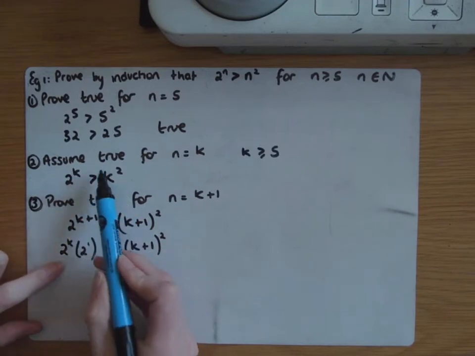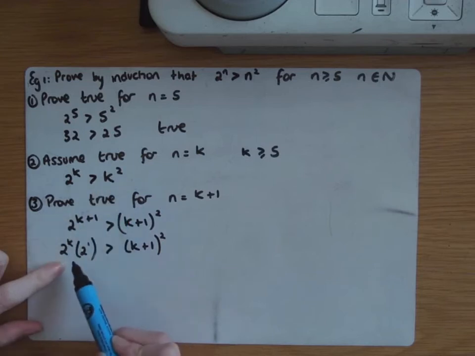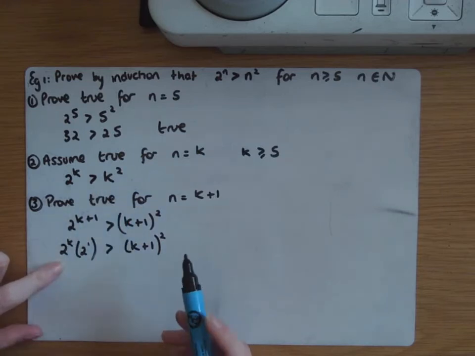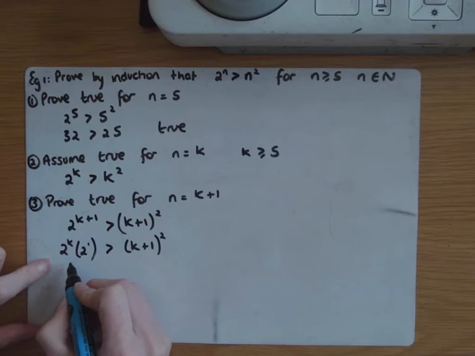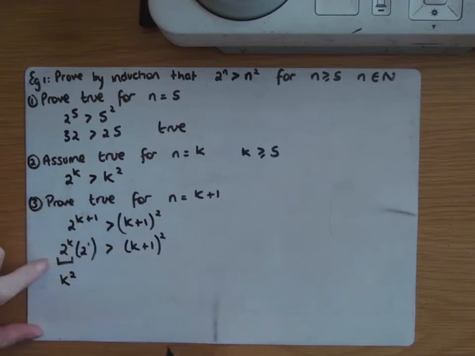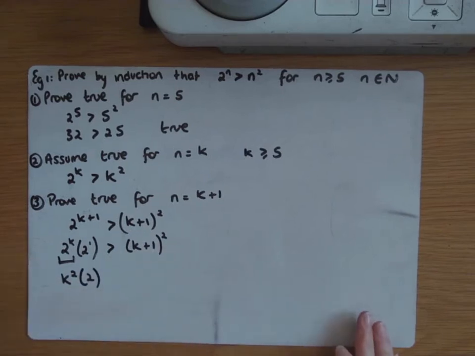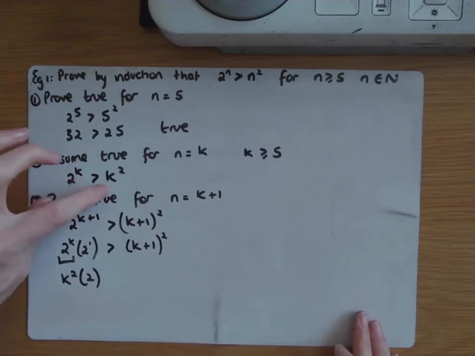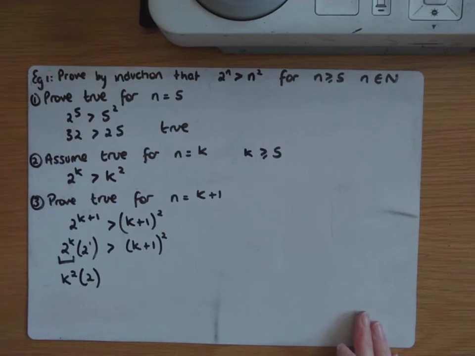If that is bigger than that, then replacing it won't change it. So instead of the 2 to the power of k here, I'm replacing it with k squared by 2. I've assumed that the left is bigger than the right. 2 to the power of k is bigger than k squared. Now down here, if I have 2 to the power of k, I can replace that with something smaller and it's not going to change.